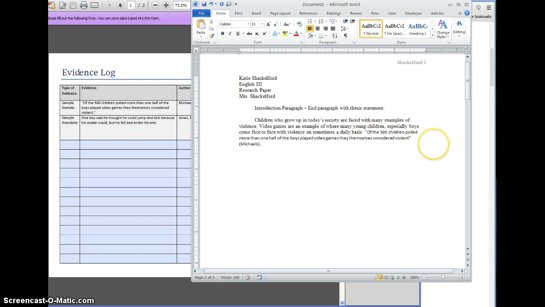If you're a little bit more advanced in your research writing, then as long as you stick to the rules, you have a couple other choices to make.